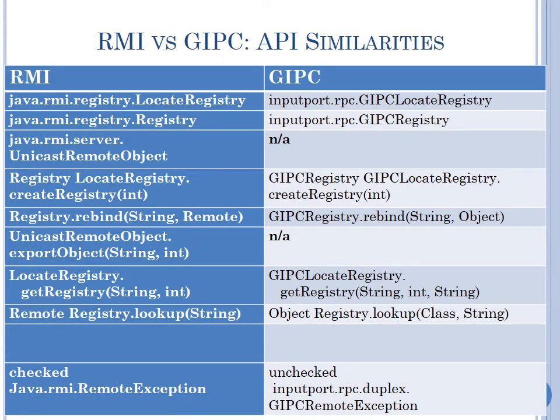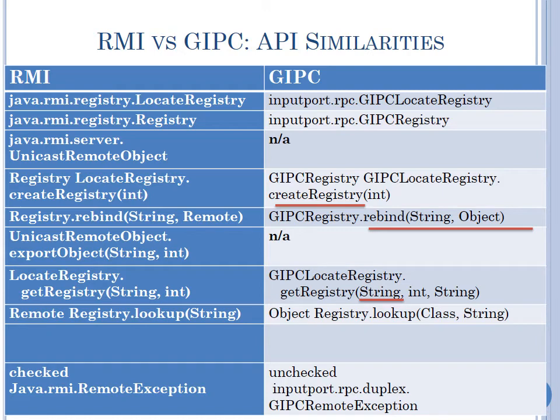So some things in the API remain the same as in RMI, though they behave differently. If there's a rebind in the registry in the RMI case, there's a rebind with the same arguments also in GIPC. Okay. There's create registry in RMI, there's still create registry in GIPC. Okay.